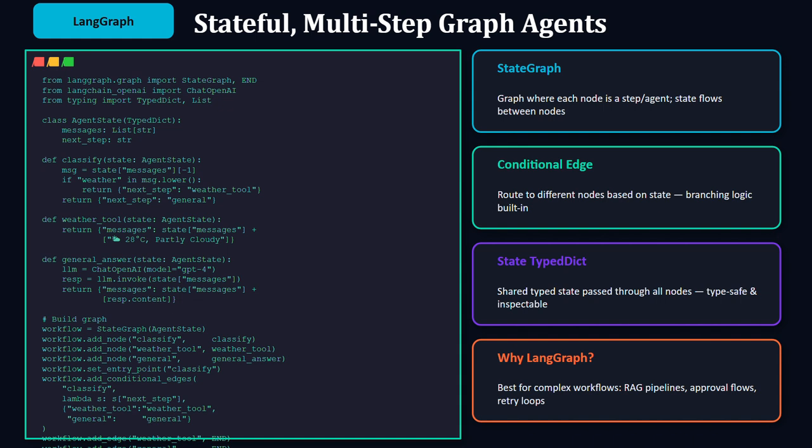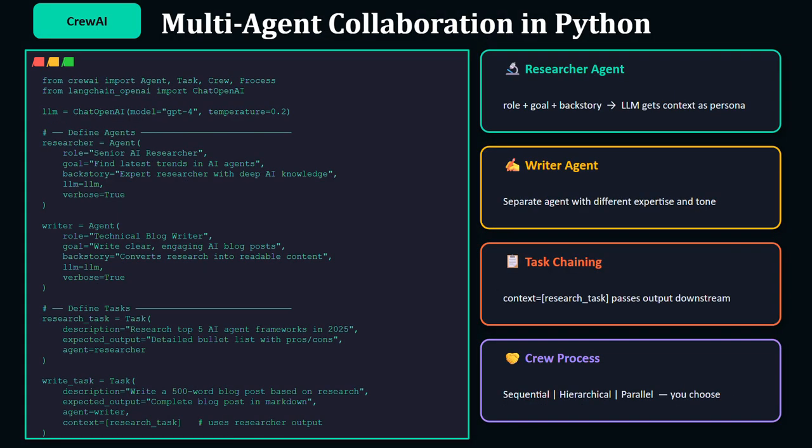Here we are adding three nodes: classify, weather tool, and general. Then we set the entry point of that graph and add conditions. LangGraph is very popular because it is best for complex workflows, RAG pipelines, approval flows, and retry routes.